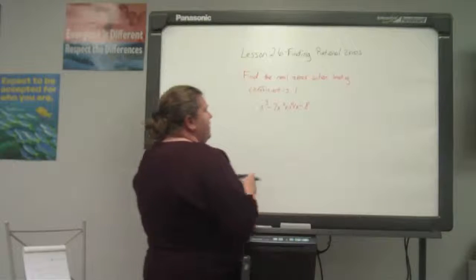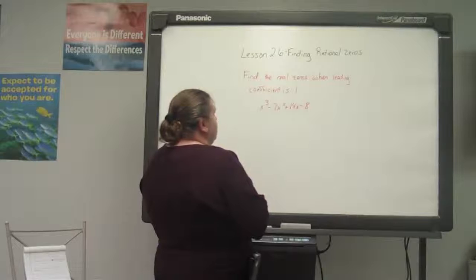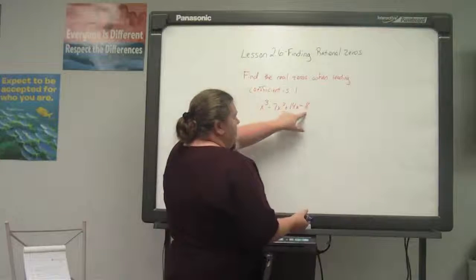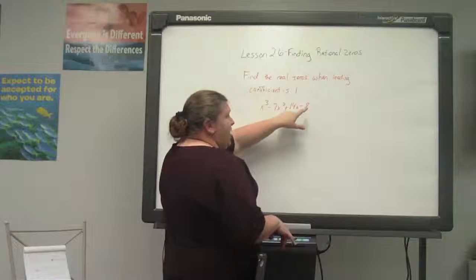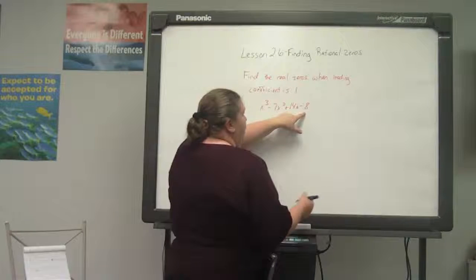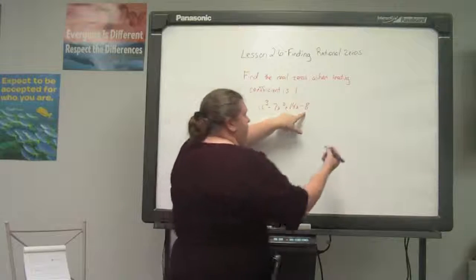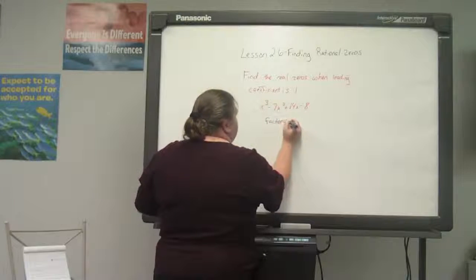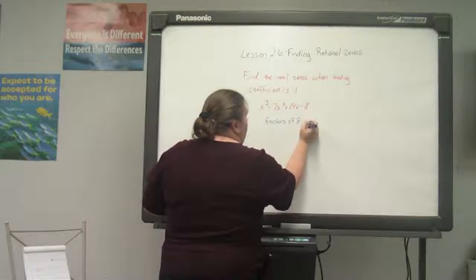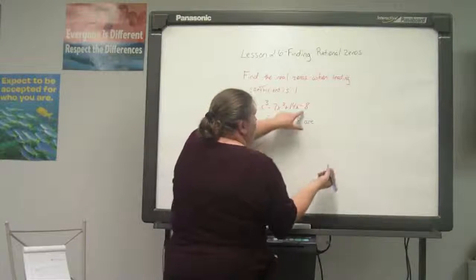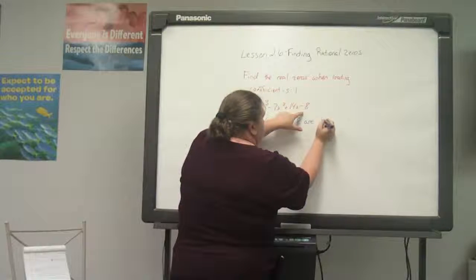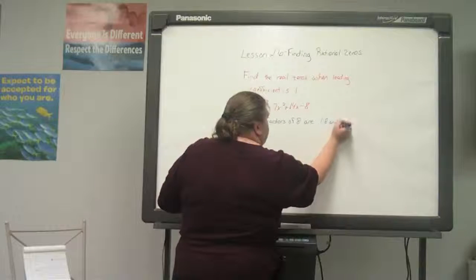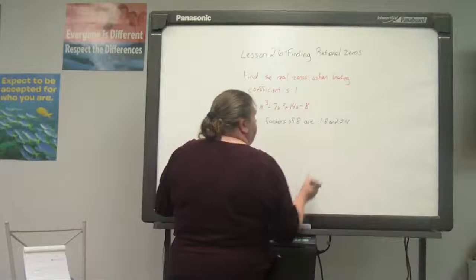Now, using the rational zeros theorem, we need to look at our constant, which is our 8, and we need to find the factors of that. So the factors of 8 are, we have 1 times 8, and 2 times 4.